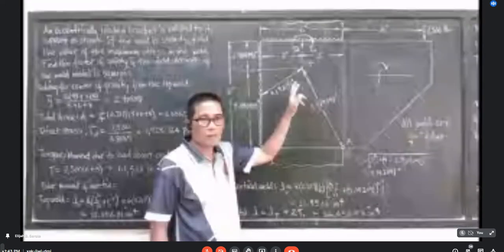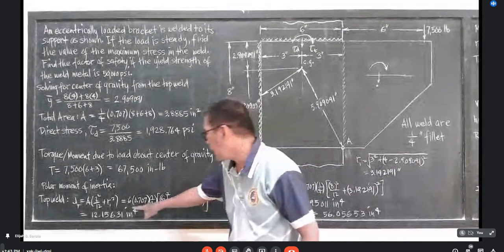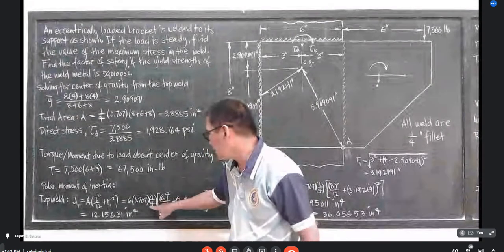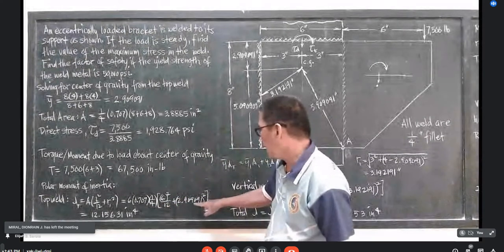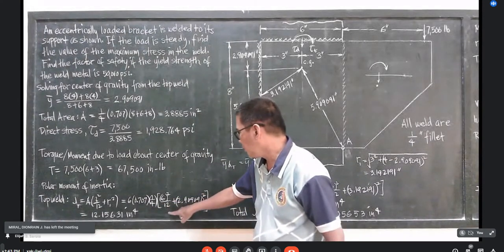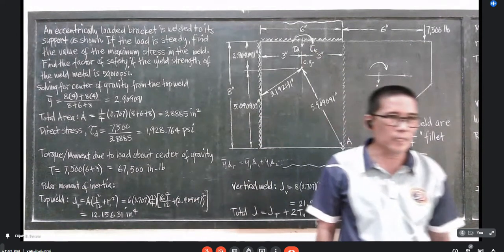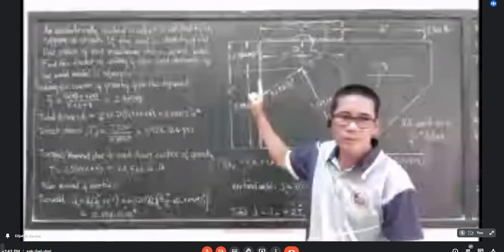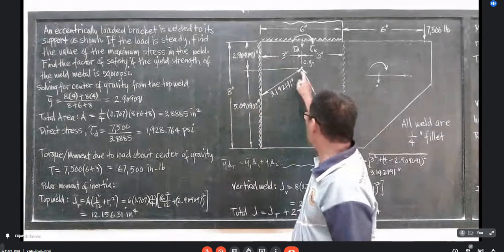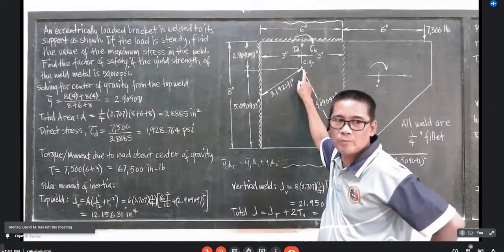Area is 6 times 0.707 times 1/4. This is the throat length. And then times length over 12 times this one. So we have now transferred the moment of inertia of the top 12 to the center of gravity of the group of welds.